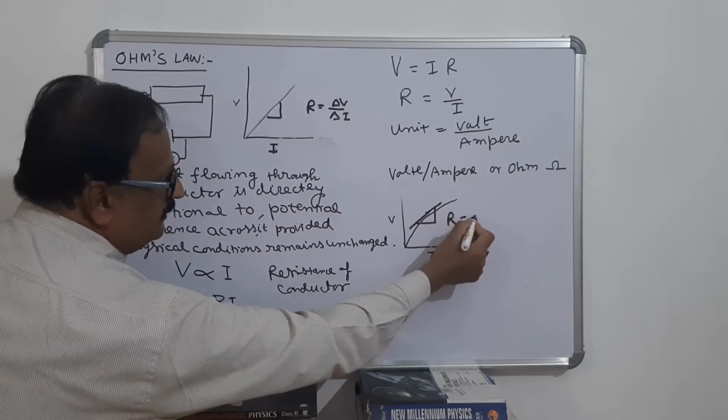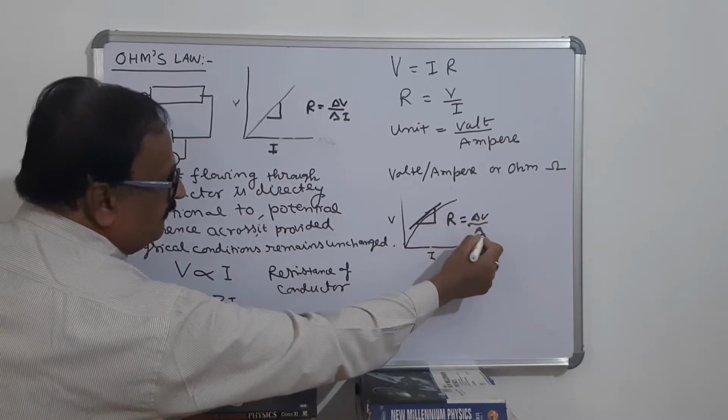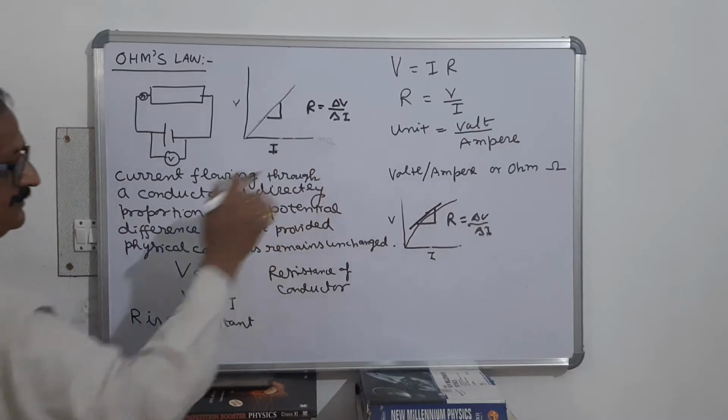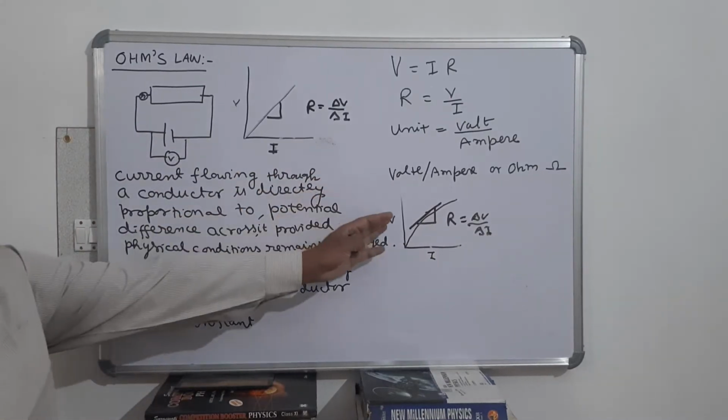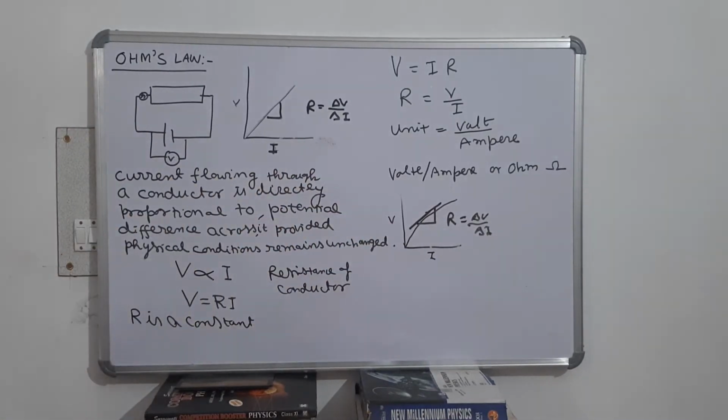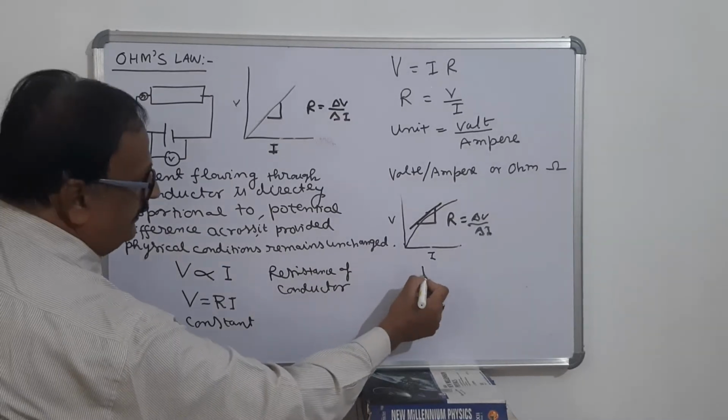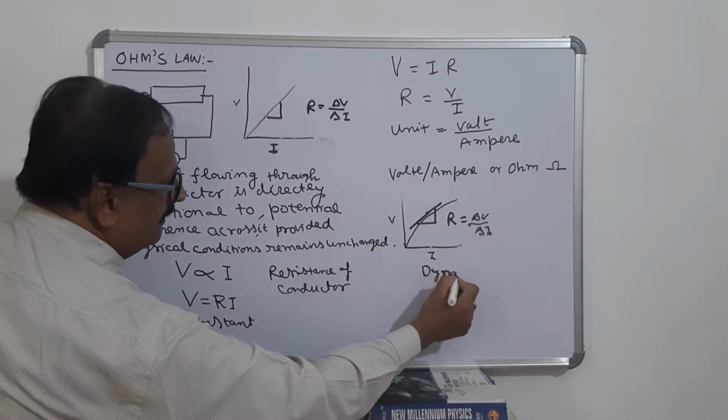But the difference between these two resistances is that in this case, resistance at every point is different because the slope of the tangent at every point is different. So this resistance is called dynamic resistance.